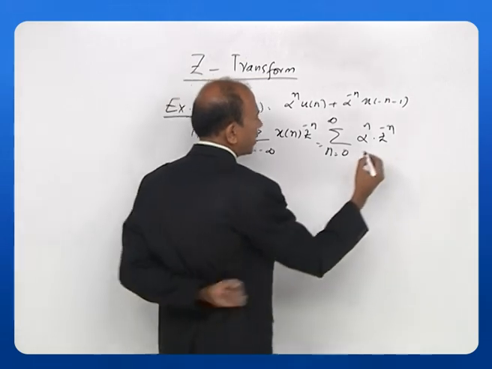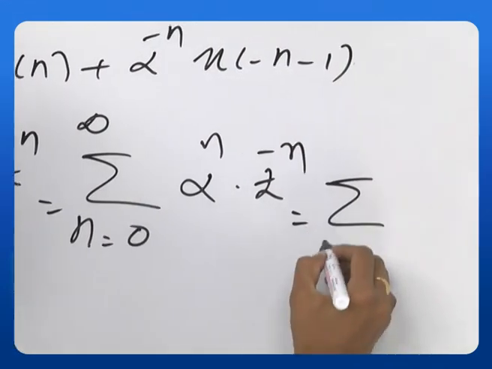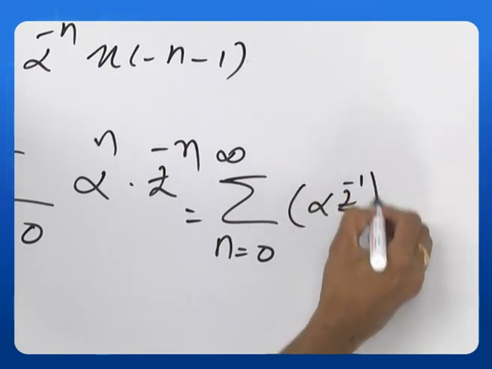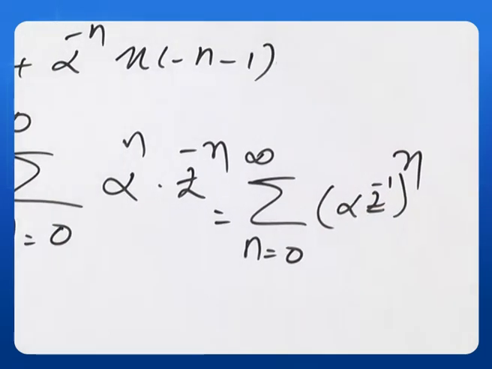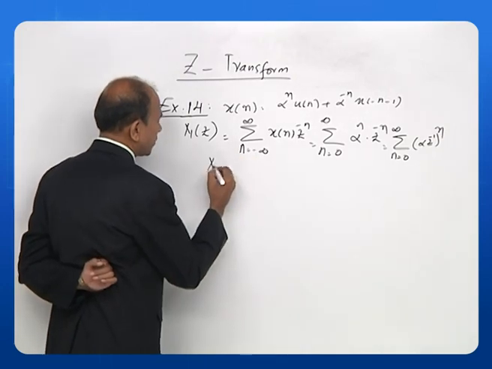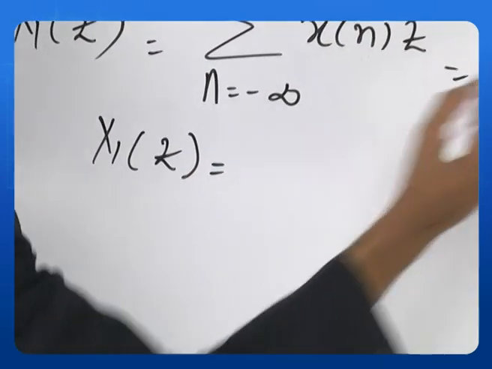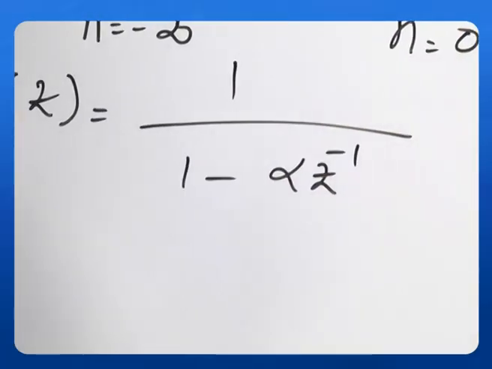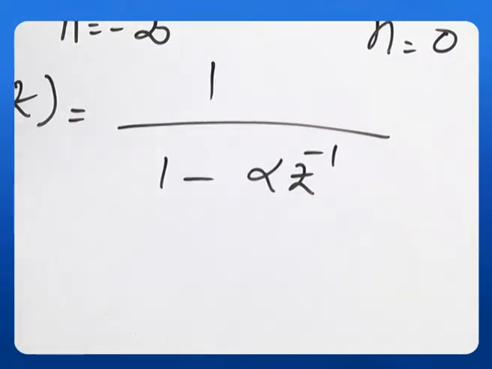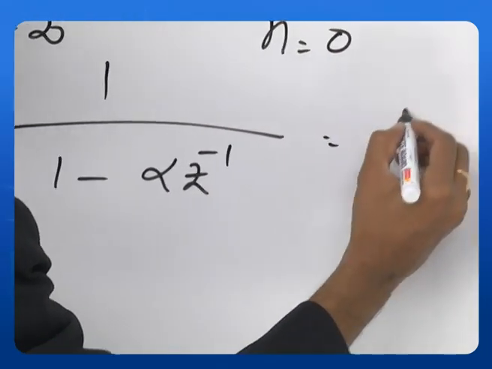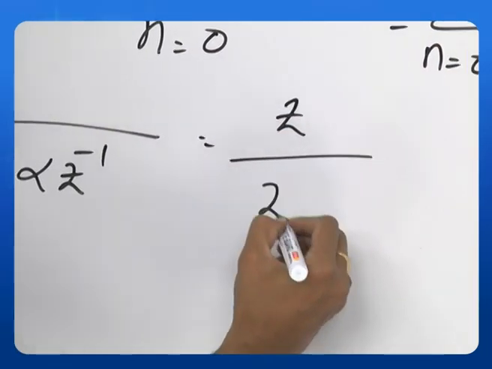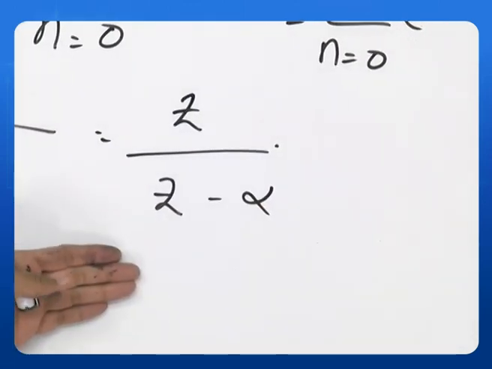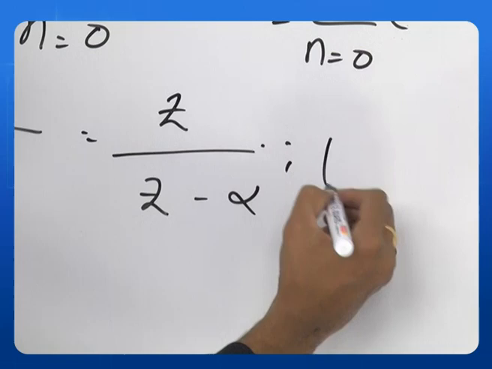So this will be summation n equals 0 to infinity of alpha z to the power of minus 1, whole to the power of n. Now x1 of z will be equal to 1 by 1 minus alpha z to the power of minus 1, which I can write as z by z minus alpha.